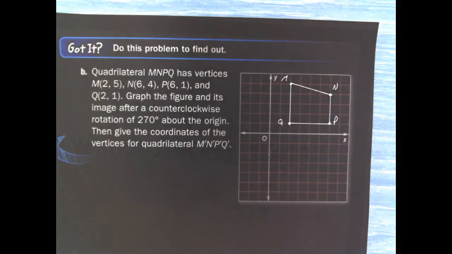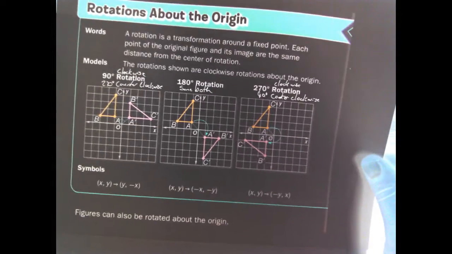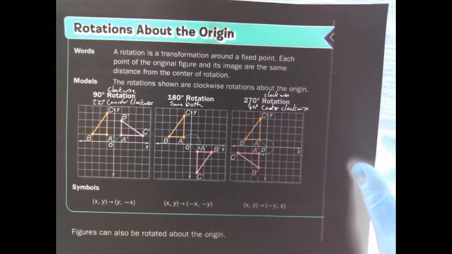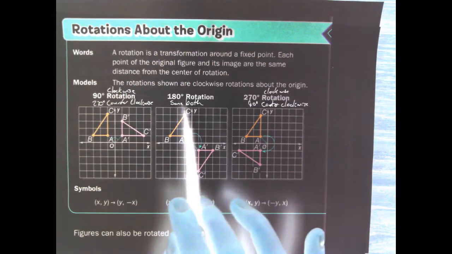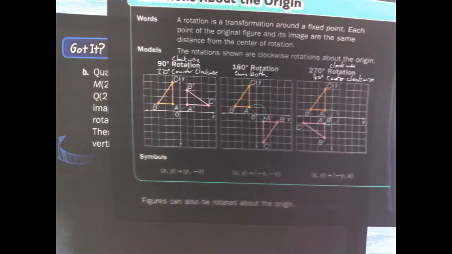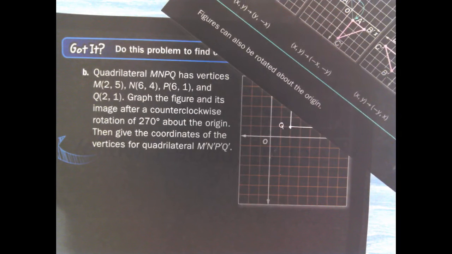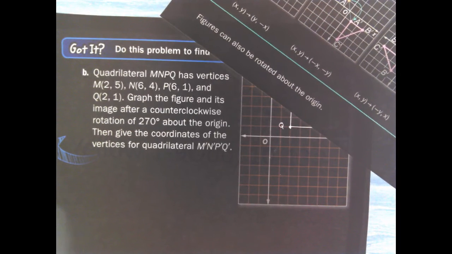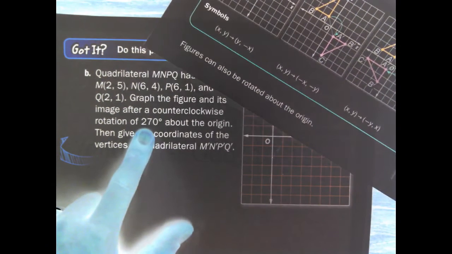Okay, so now it says we want to graph the figure and its image after a counterclockwise rotation of 270. So again, if you look back at this box, all of these rotations we said were for clockwise rotations. So we don't have any rules for a counterclockwise rotation, except we said a 270 counterclockwise rotation.